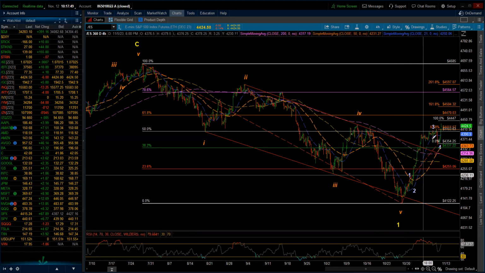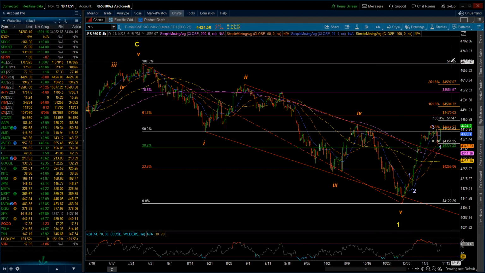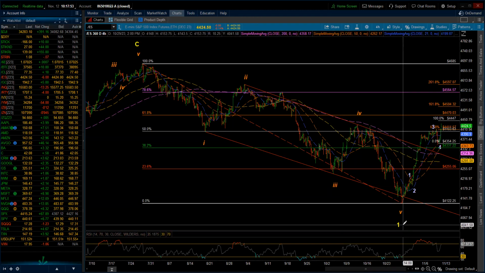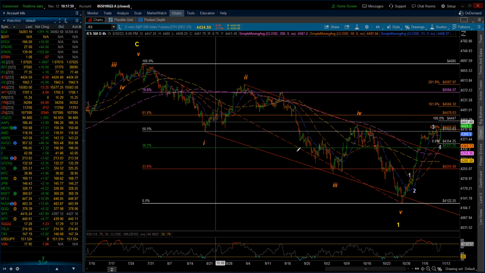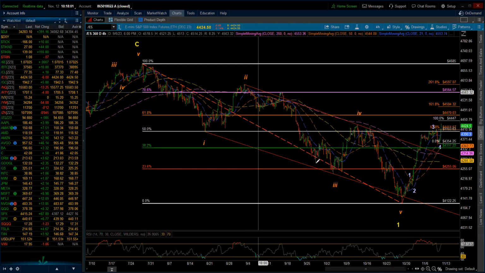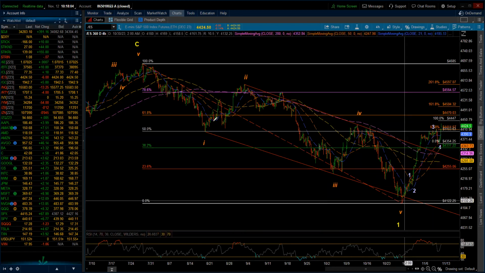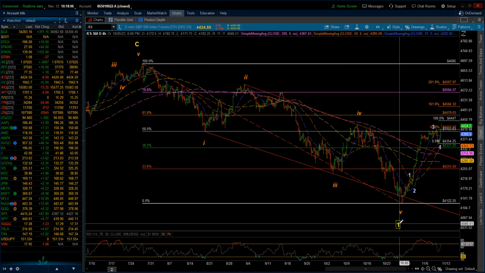So yes, there are possibilities that we're going to see a much stronger up move. But under this particular count, which I'm continuing to hold to, based on how I have now researched and am counting this initial leg down, I will present you an alternate count that will show it a little bit differently.